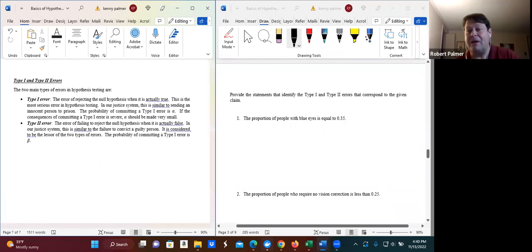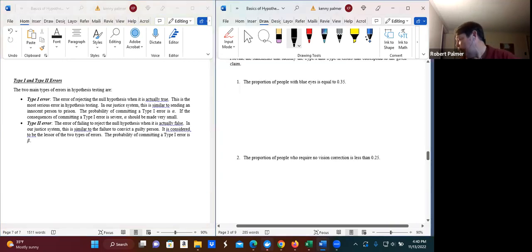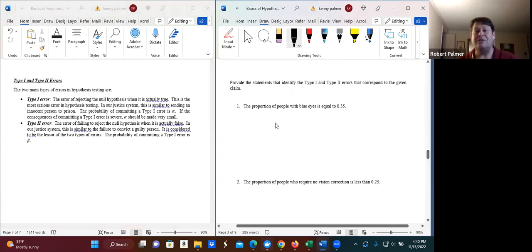Okay, so finally, let's talk about type 1 and type 2 errors. Over here on the right, we have a couple of claims, and we want to explain, in words, what the type 2 and type 1 errors would be. In this case, it might be helpful to write out the hypotheses. So these are the claims. The proportion of people with blue eyes is equal to 0.35.